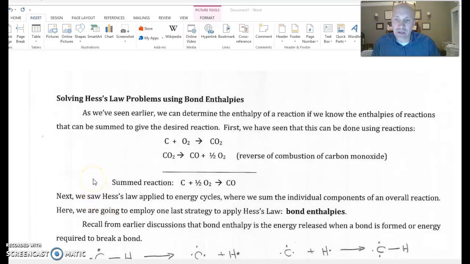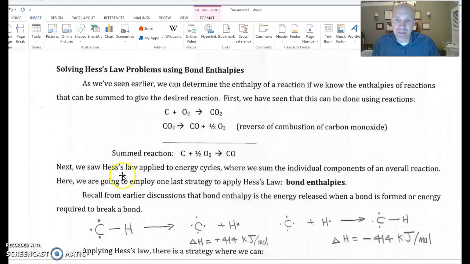We later went on to apply Hess's law to this concept of energy cycles, where we were taking an overall process, something like the dissolving of an ionic compound in water, and breaking it down into the individual steps. For example, when you dissolve an ionic compound in water, you could break that down into individual steps.